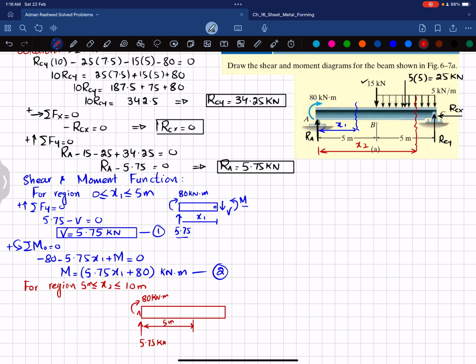This is point A, this is your point B, and at B you have a point load which is 15 kilonewton into meter. And from B till this point we have a distributed load, which is actually 5 kilonewton per meter.